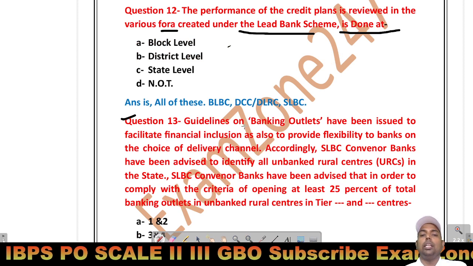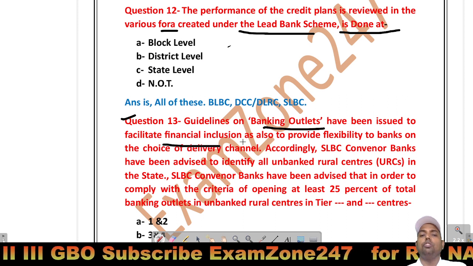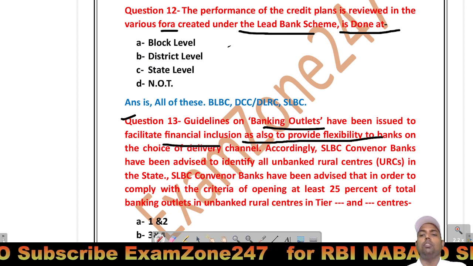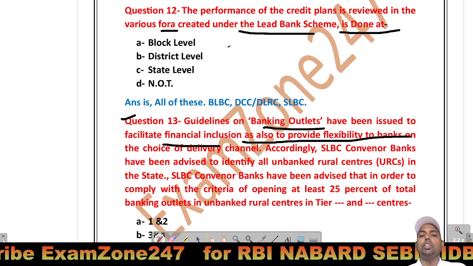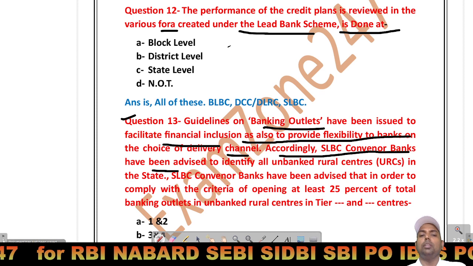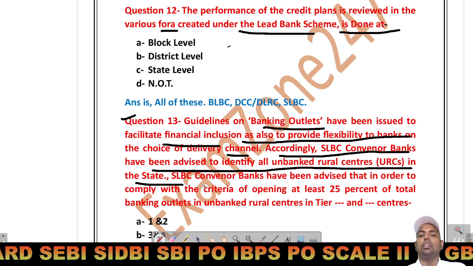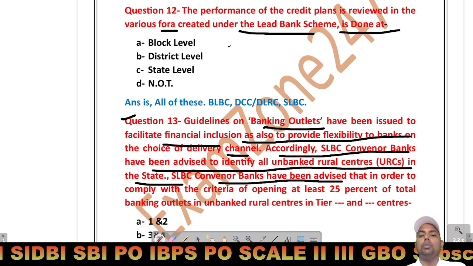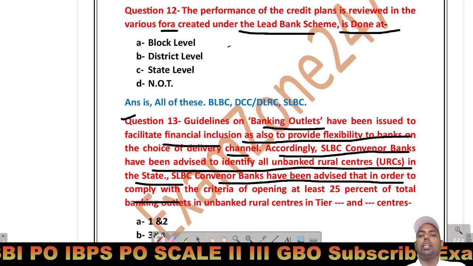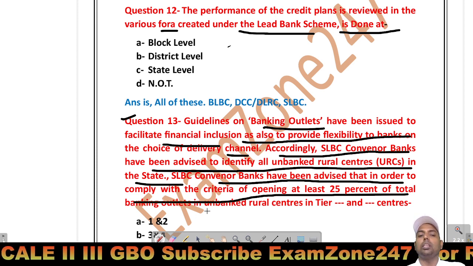Further, guidelines on banking outlets have been issued to facilitate financial inclusion as also to provide flexibility to banks on the choice of delivery channel. Okay. Accordingly, SLBC Convener Bank have been advised to identify all unbanked rural centers in the state. SLBC convener have been advised in order to comply with the criteria of opening at least 25% of the total banking outlets.